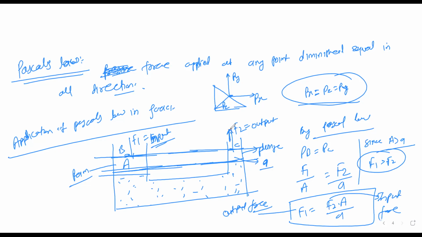So the arrow here you can reverse: this one is downward, and this is upward. This is the output and this is the input. So using this Pascal's law, we can solve any type of questions based on that.